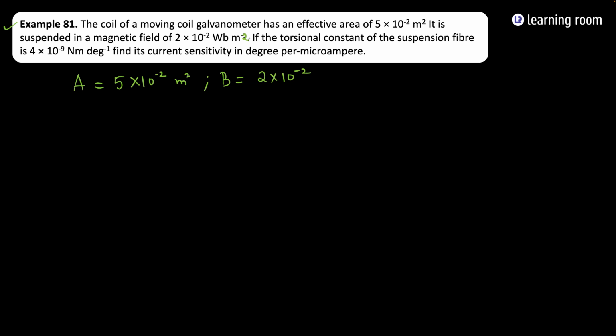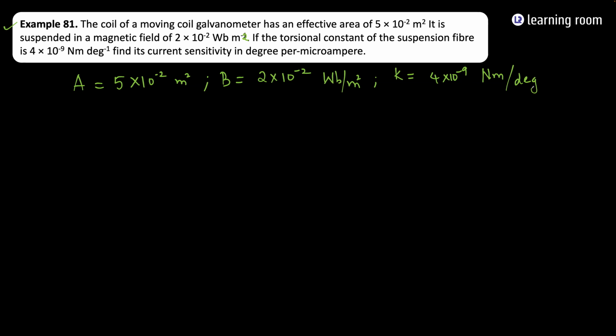So 2 into 10 power minus 2 Weber per meter square. If the torsional constant of the suspension fiber K is equal to 4 into 10 power minus 9 Newton meter per degree, then find its current sensitivity in terms of degree per microampere.